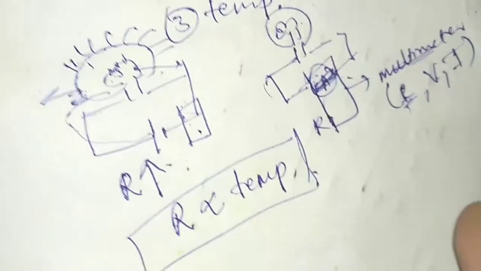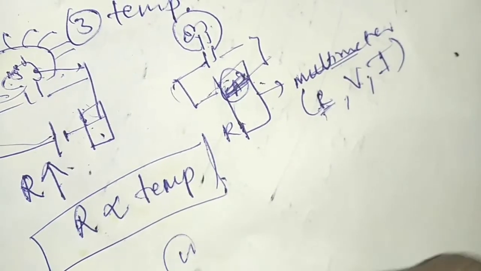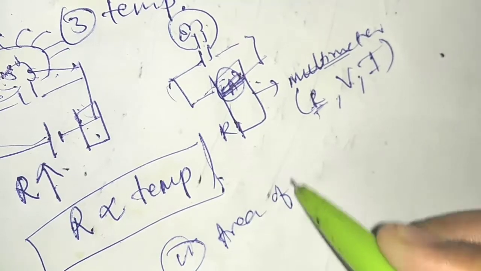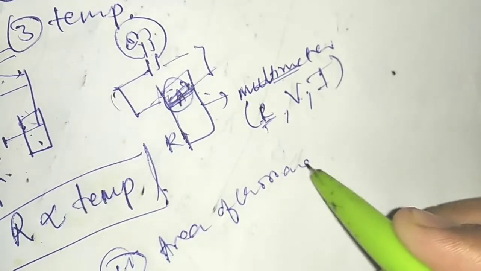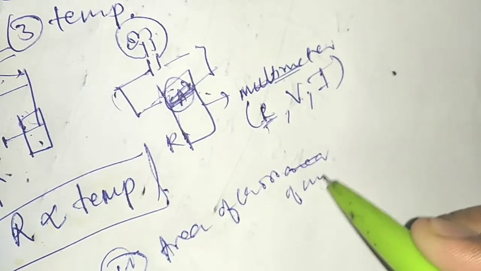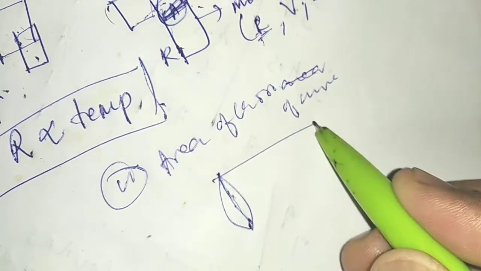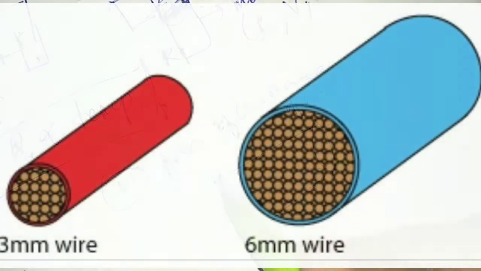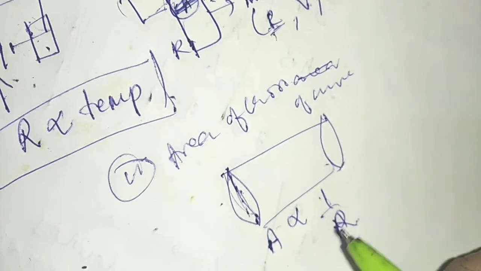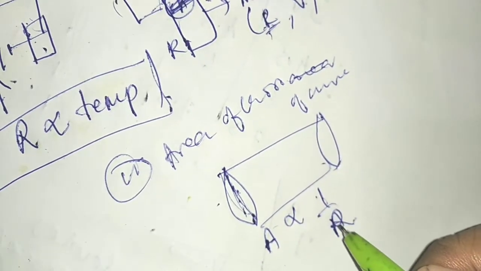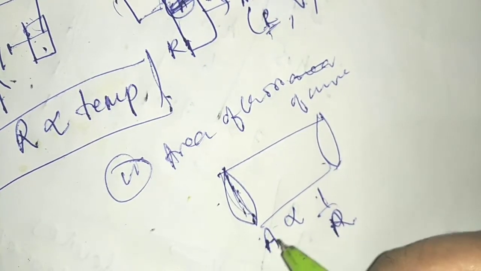Now the fourth factor it depends on is the area of cross section of a wire. So area of cross section, area of the wire. See, what is cross section? This part. If the wire has more cross section, the resistance will be less. It is inversely proportional here, students. Okay, R is inversely proportional to the area of cross section.